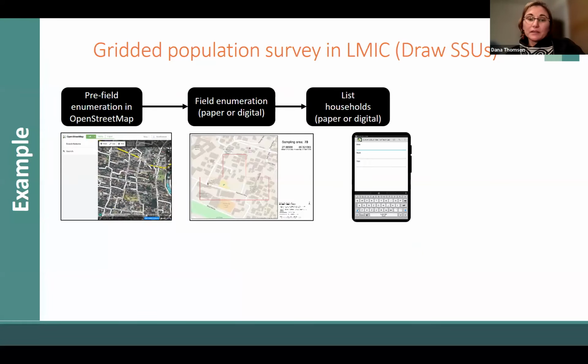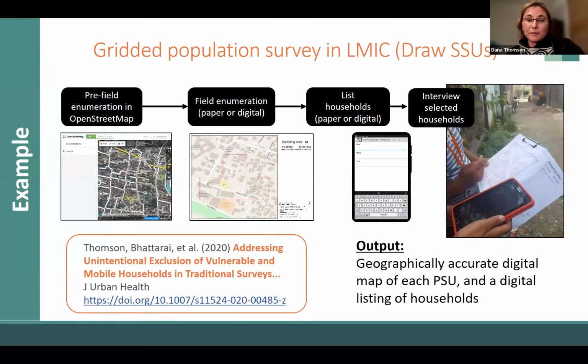And then the field work looks really similar to what you would expect from a typical survey, but here's the introduction where you might look at OpenStreetMap or some other existing building footprint data set first, just to make sure that what you're seeing in satellite imagery in the sampling units that you're going to, you may have a sense of where the buildings are before you go to the field, so that you don't have to draw maps when you get there. You can use that time more efficiently to actually list households.